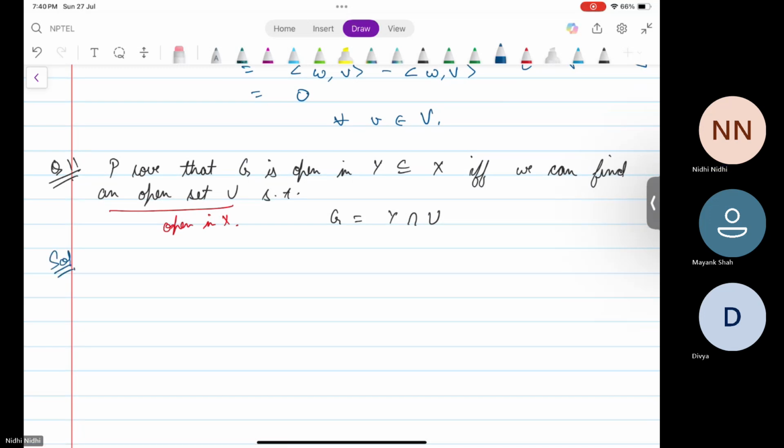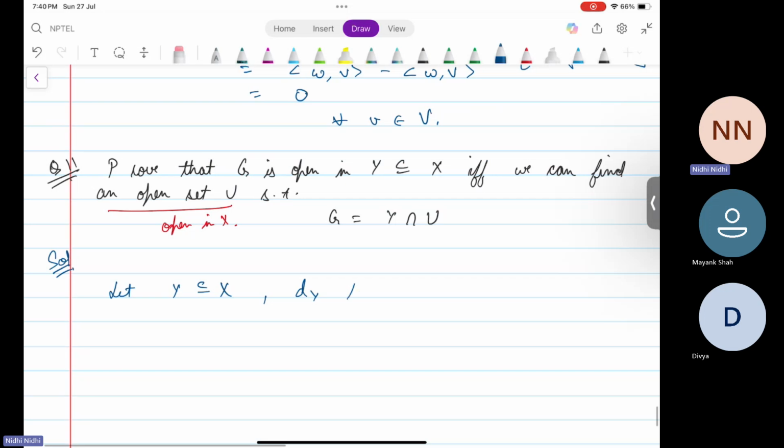Solution. Let Y be a subset of X. If d was the metric on X, d_Y is the restriction of d on Y. That's how we define a metric on the subset.